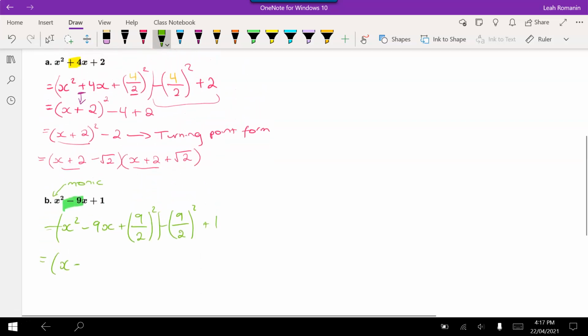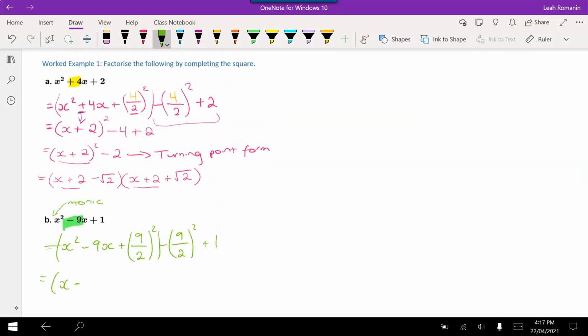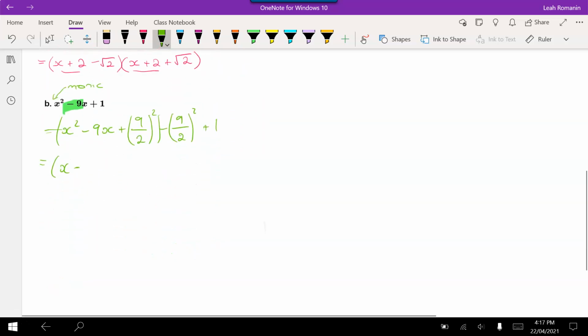Now, for my last example, 4 over 2 went perfectly. 4 divided by 2 is 2. Obviously, 9 cannot be perfectly divided by 2. I would get a decimal, so leave it as 9 over 2 squared.